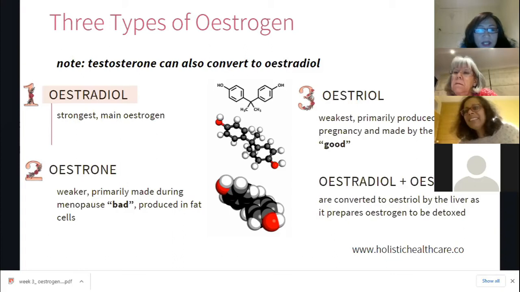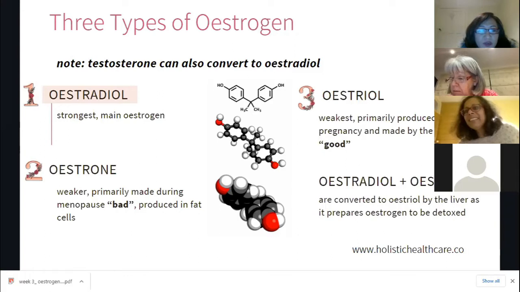That's quite an aggressive form of estrogen, and it's the one that is responsible for hormone-dependent cancers like ovarian cancer and breast cancer.